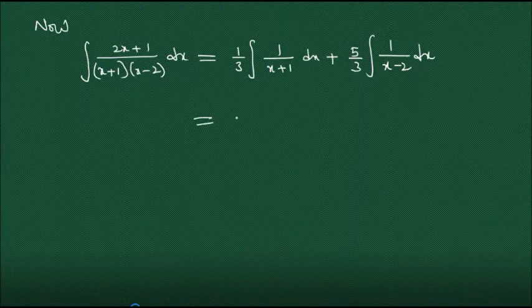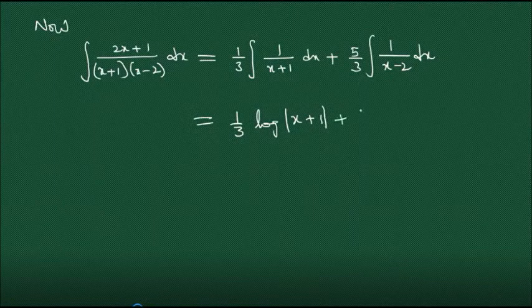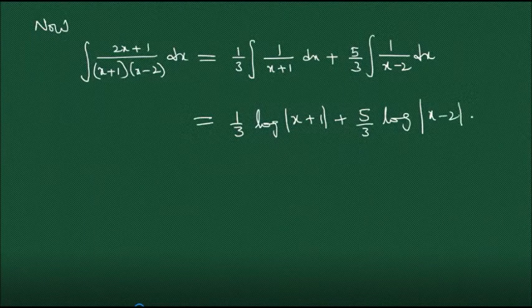Now the 1/x form gives log x. So the answer is (1/3) log|x + 1| + (5/3) log|x - 2| + c. You can stop here, no need of going further. Okay. Hope you have understood this problem.